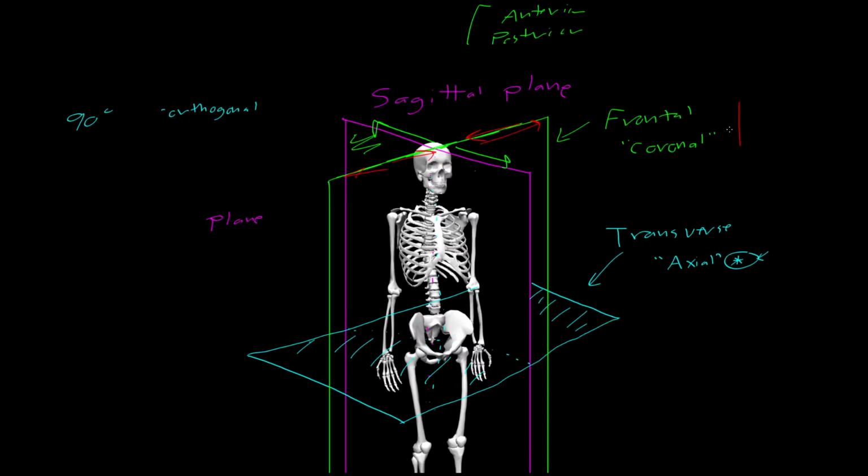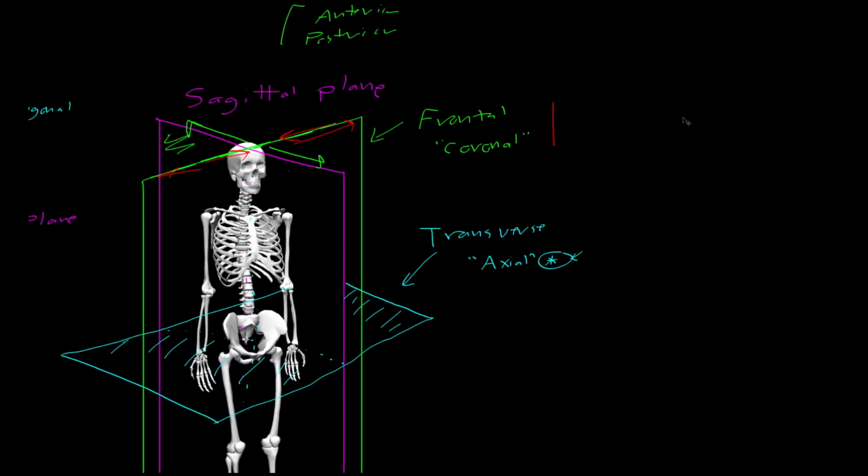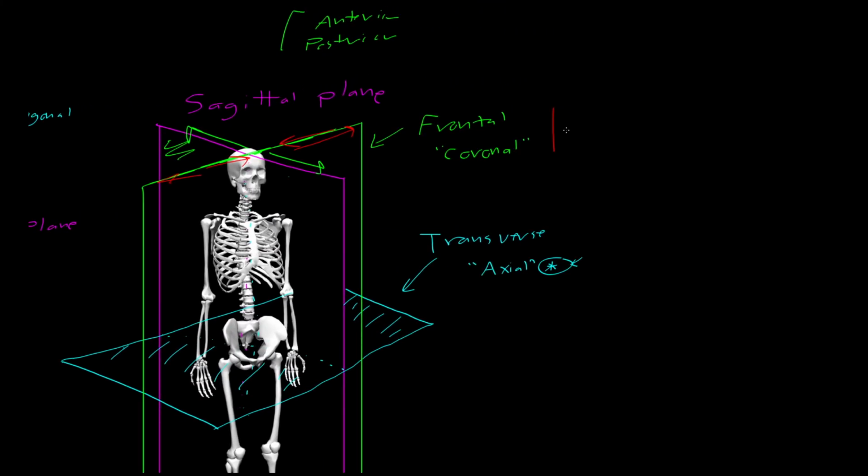Occasionally, and I'll use this because it's kind of a biomechanics specific phrase, the mediolateral plane. Sometimes we'll talk, actually probably most of the time for me, I'll be talking about this green frontal plane as the mediolateral plane, because you're moving in that direction.